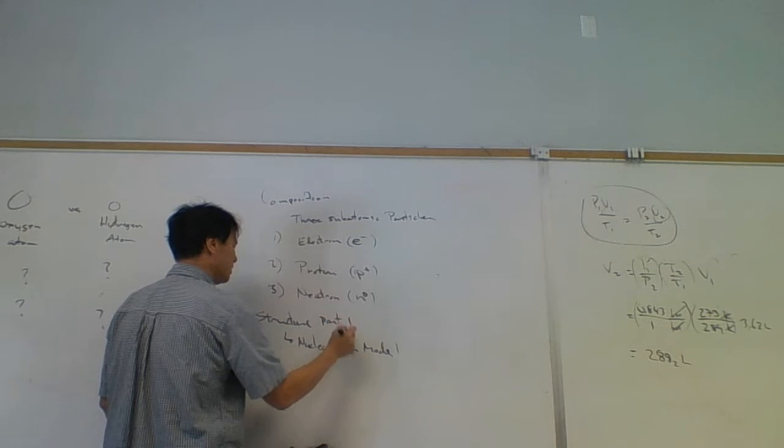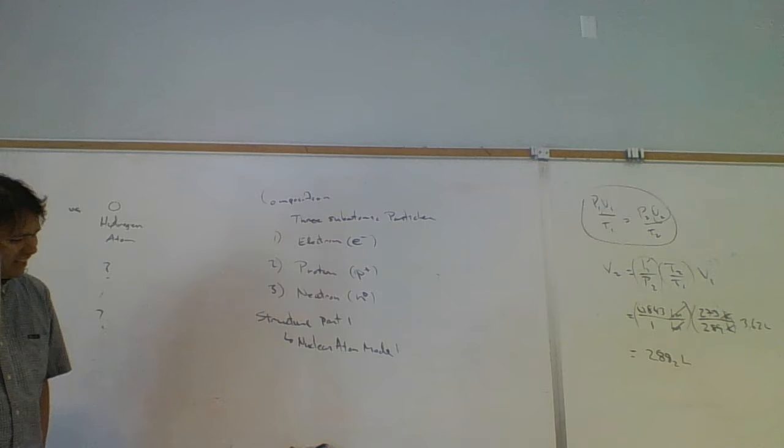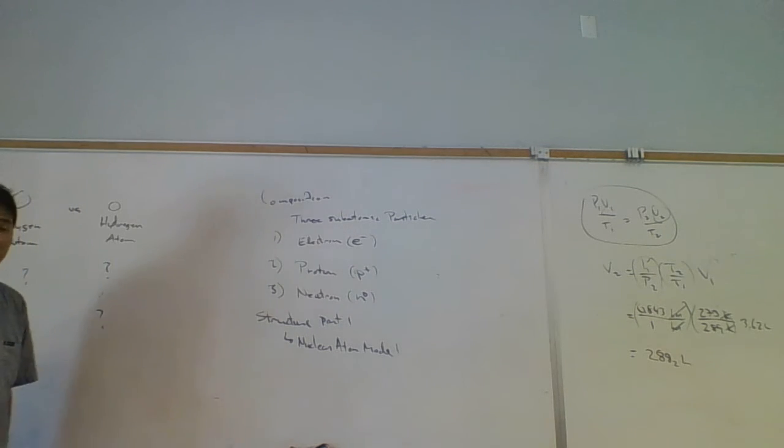This is structure part 1, nuclear atom model. And so maybe based on this, we could figure out the patterns. The patterns that we're looking for is there a correlation between certain compositional features and the properties? Is there a correlation between, let's say, number of protons and properties, number of neutrons, number of electrons? Is there a correlation between the structure and the properties? Those are the patterns we look for.